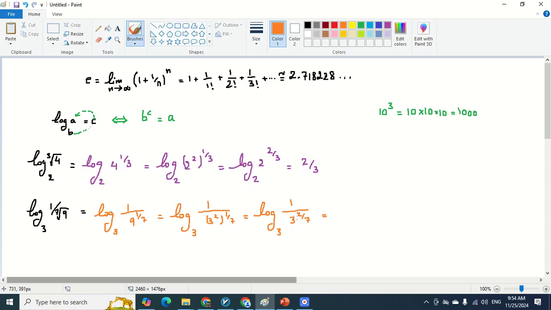We have 1 over 3 to the power of 2 over 7. To inverse that number and keep that number up, we just write it as 3 to the power of minus 2 over 7. Right now we have everything in a good situation, so the result is minus 2 over 7, as you can see over here.